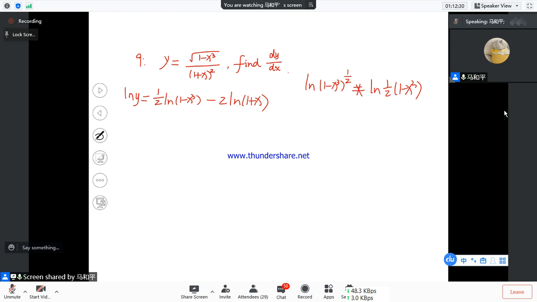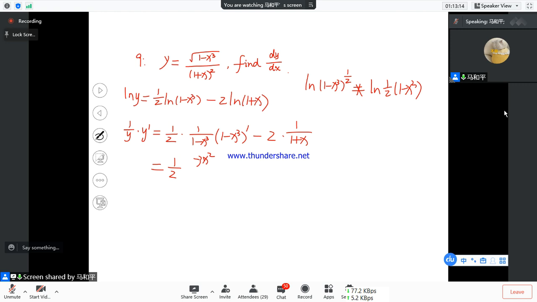And we differentiate implicitly. We have 1 over y times y prime on the left side. And the right side is 1 over 2 times 1 over (1 minus x cubed) times (1 minus x cubed) prime, minus 2 times 1 over (x plus 1). And then we continue: 1 over 2, (1 minus x cubed) prime we write as negative 3x squared.